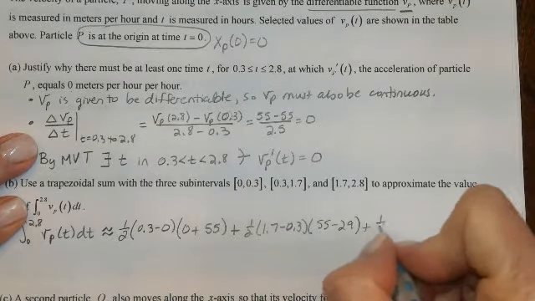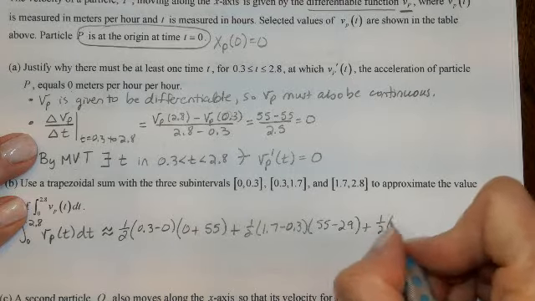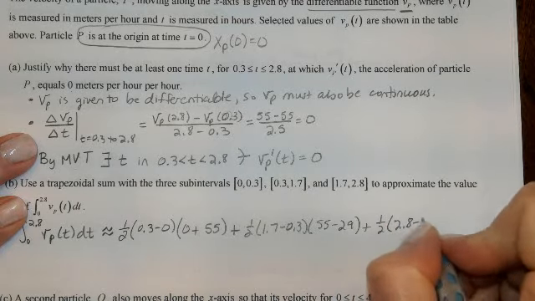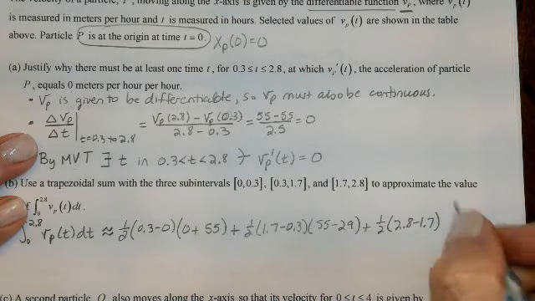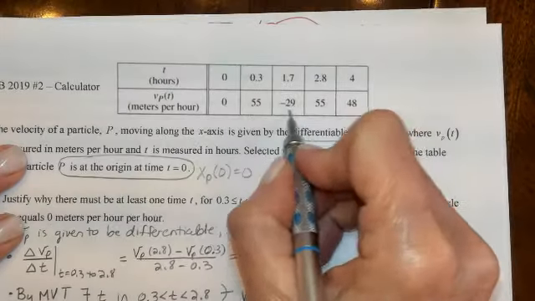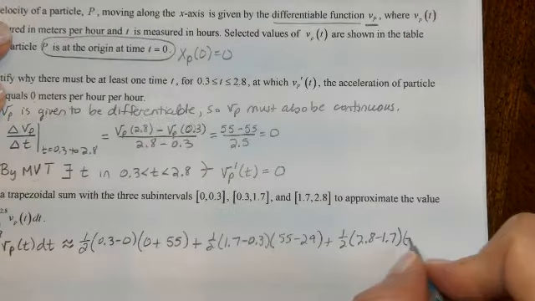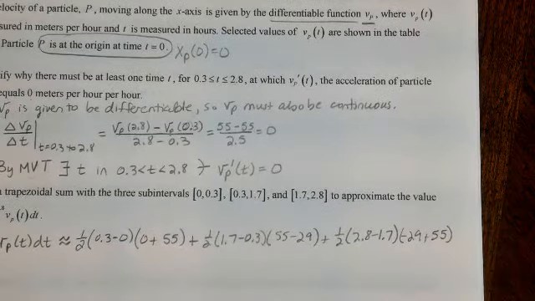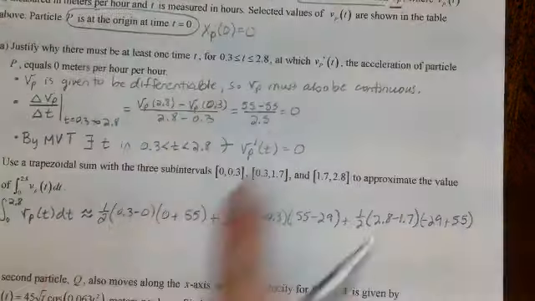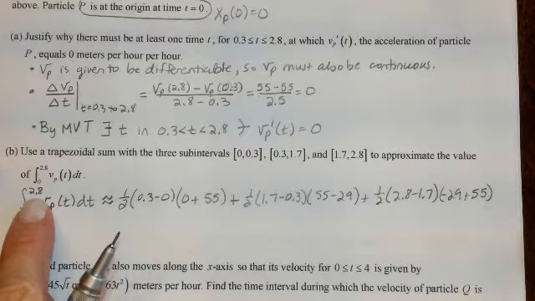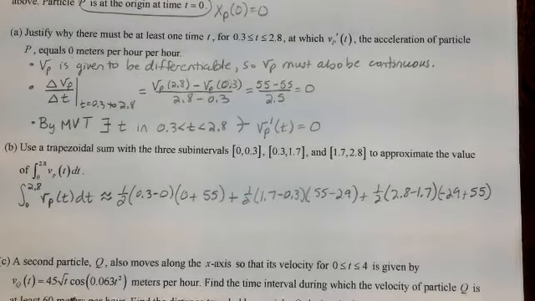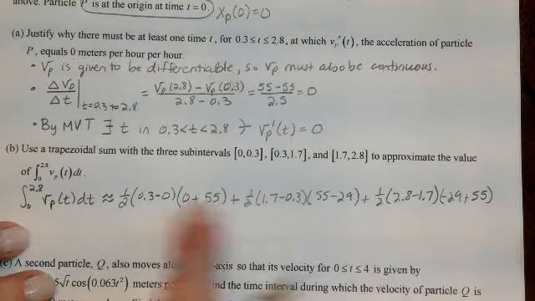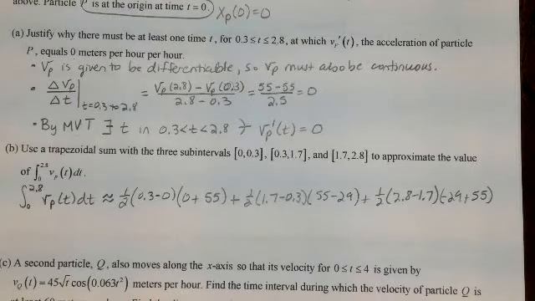And then the last trapezoid, difference in the t values, and then we're going to add up the 2 heights, negative 29 and 55. And we did not need that time 4 because they wanted us to stop at 2.8. So this is a safe stop spot, so I am going to safe stop there.